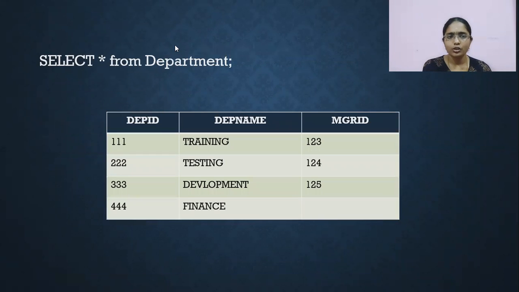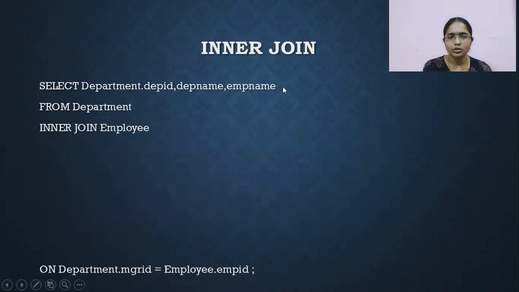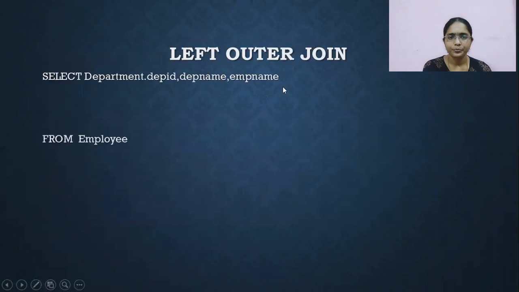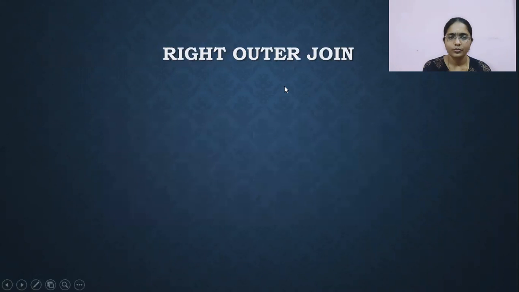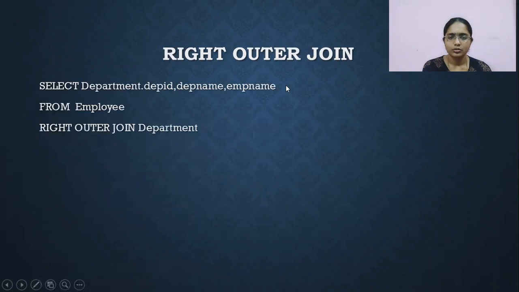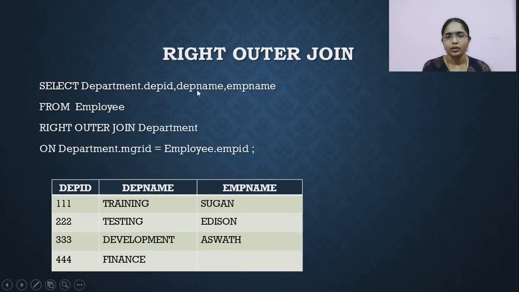So this is the table, right? In this table you can notice that only 4 departments are there: the training department, testing department, development department, and these are the IDs of them. Right now we are fetching these 2 columns, so all the values from these 2 columns have been displayed in your right outer join. Let me go back to the right outer join. Here all the matching values have been displayed.